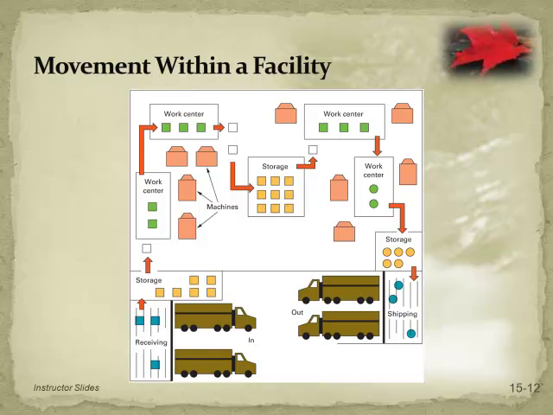We also have trucks that are going to be moving materials into our warehouse. And after we finish the production, we have trucks that are going to be moving the material to the next destination in the supply chain.